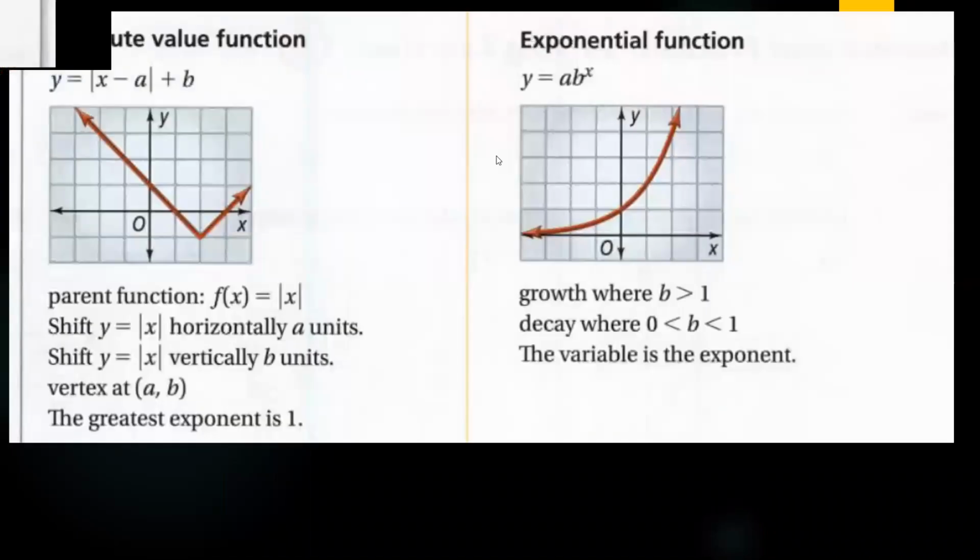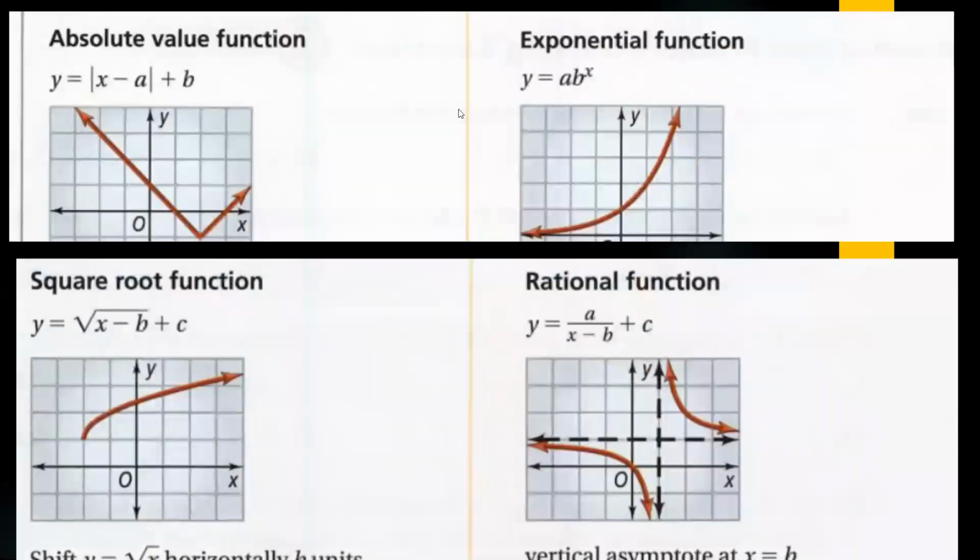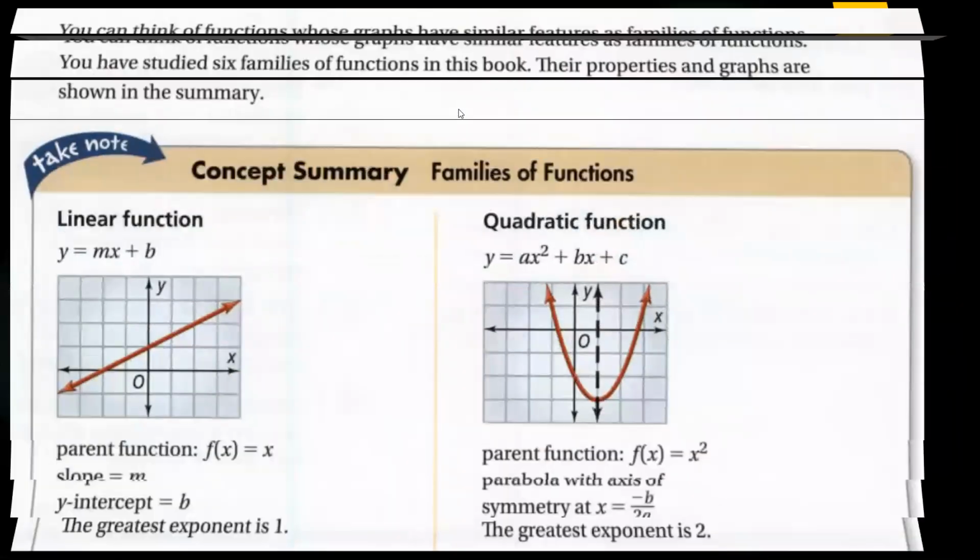For this one you have -1 over x plus 3 minus 4. So here you have to graph -1 over x plus 3 minus 4. I will repeat.